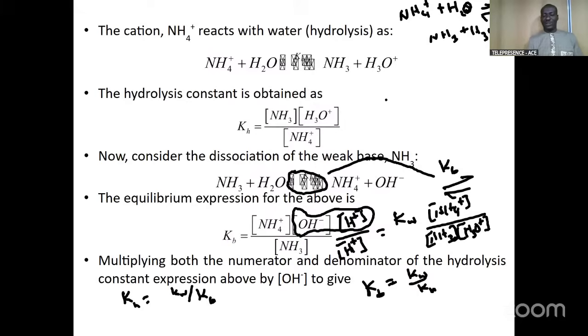Because if you do a similar thing to this, instead of H, you multiply by OH, and you multiply this also by OH. And here will be Kw, and what is left is NH3 over NH4OH, which is the inverse of this. So either way you go, you're going to get the same thing.